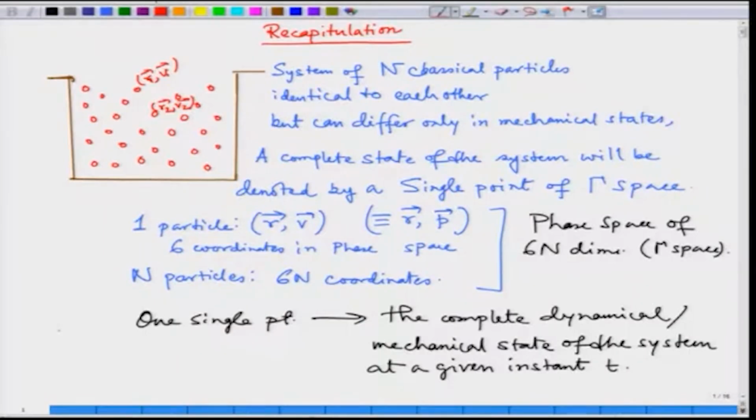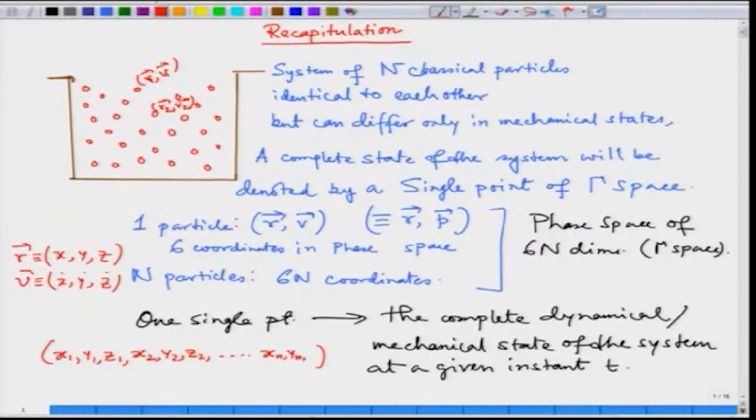Then we said that if you take one combination of all 6n coordinates, so if I write r equal to x, y, z, the triplet, and v for x dot, y dot, z dot, then the ensemble of numbers x1, y1, z1, x2, y2, z2, up to xn, yn, zn, these 3n numbers, plus x1 dot, y1 dot, z1 dot, up to xn dot, yn dot, zn dot.